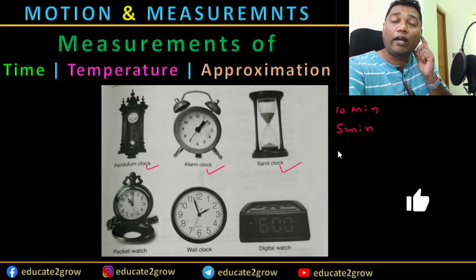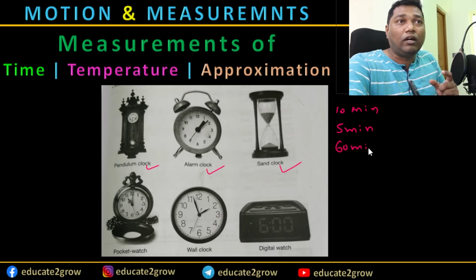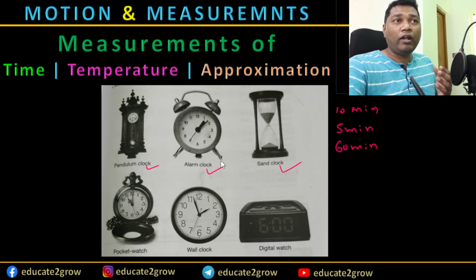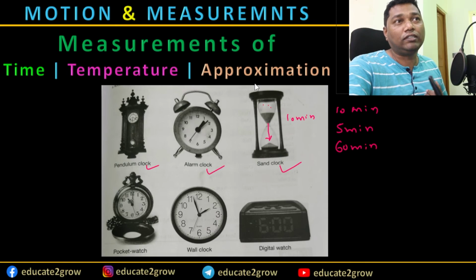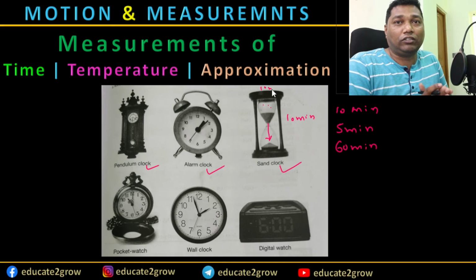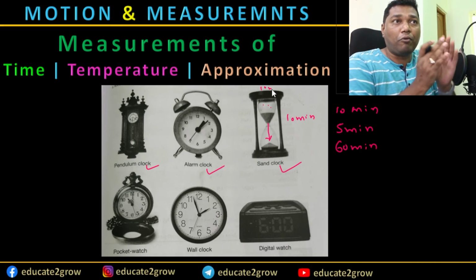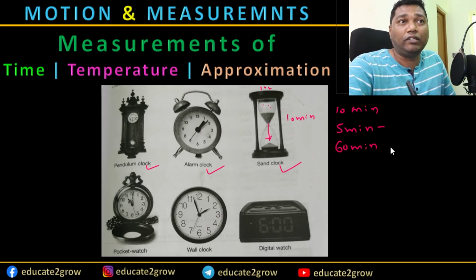The 5 minute sand clocks are very small in size, 10 minutes are a little bit larger, and then 60 minutes, and like that. What exactly it means is that the sand inside flows here. When the sand has completely flowed here, that time becomes 10 minutes, because it is calibrated to measure only 10 minutes of complete sand transfer from one bulb to the second bulb. Like that, you will also get 5 minute and 60 minute sand clocks.